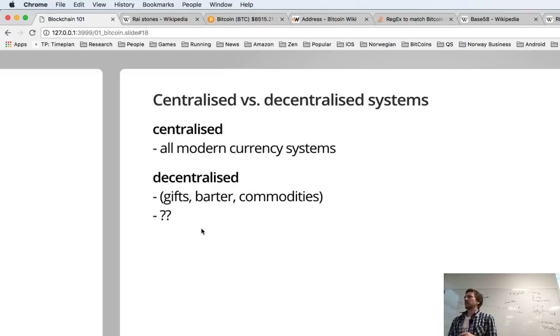One is being in control of the financial system: who has the oversight, who has the ownership of that, who can manipulate it. The other one is that a lot of systems allow you to exchange cross-border without the need for very complicated trust authorities.